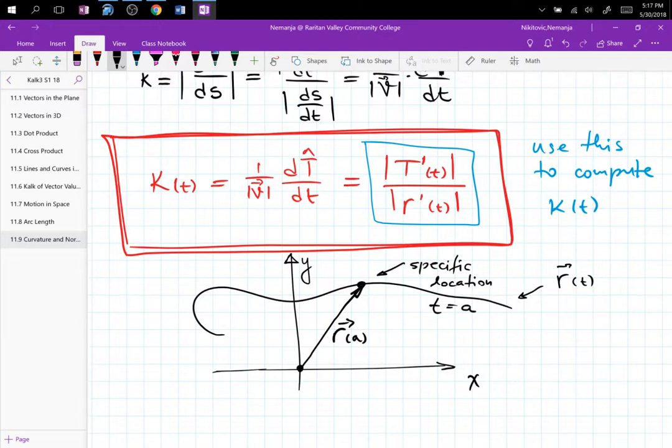So now, if you are observing from the sky, and this is a road on which the car is moving, and there is some point of origin somewhere from where I'm measuring, this vector r will trace every single point along the road. So maybe this is time equals 0, time equals 1, time equals 2, time equals 3, time equals 4.